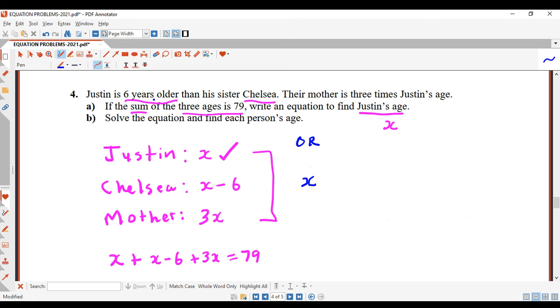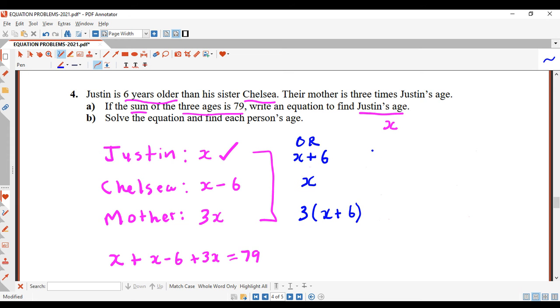If Justin is 6 years older, then you could write down that he is X plus 6. Okay, so X plus 6. Now, the mother is 3 times Justin's age, so that's 3 times, and you have to have the brackets here because you've got 2 terms you're multiplying.